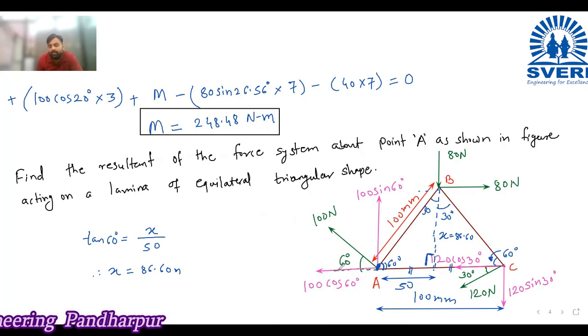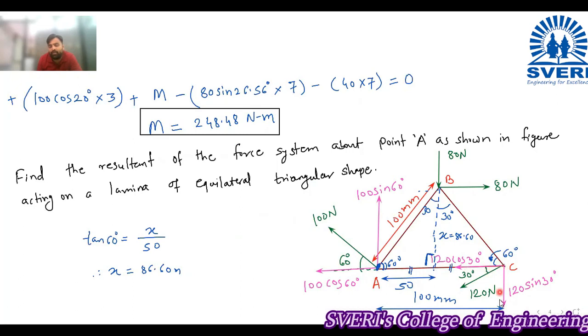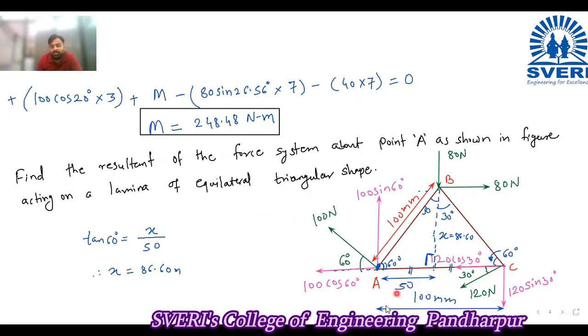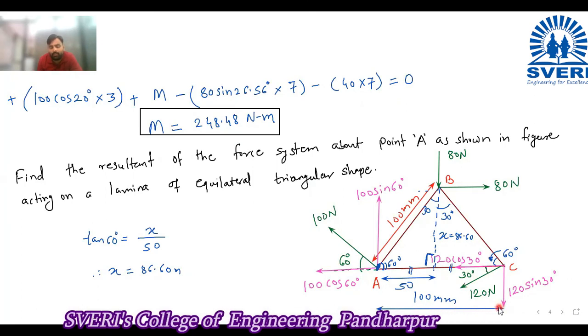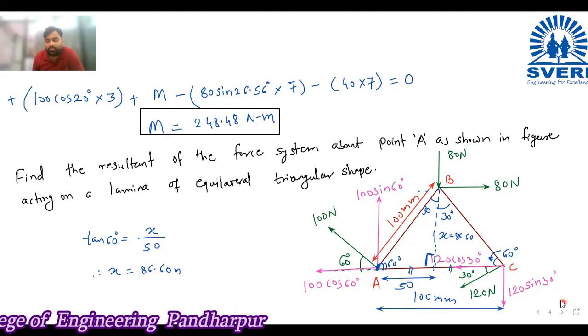Next one is this force 120 cos 30. It is moving through this point, so its moment will be 0. And this is 120 sin 30. So for the 120 sin 30 force, you can see this force is at a distance of this much from A. So what is this distance? This total distance is 100 mm.